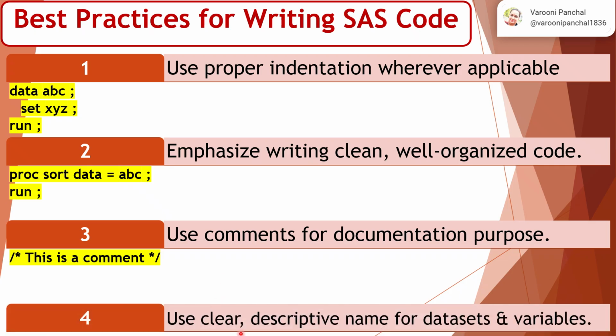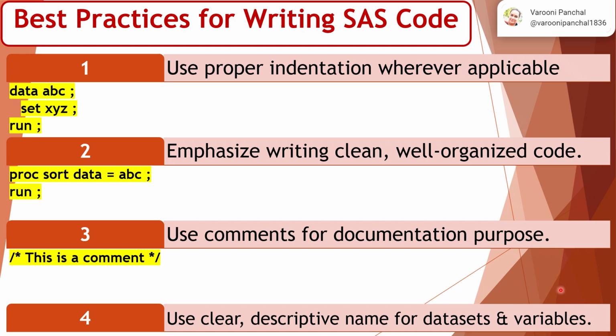Number 4 is use clear descriptive names for data sets and variables. Remember one thing, whenever you are giving names to any data sets or variables, ensure that as far as possible you follow the CDISC standards.